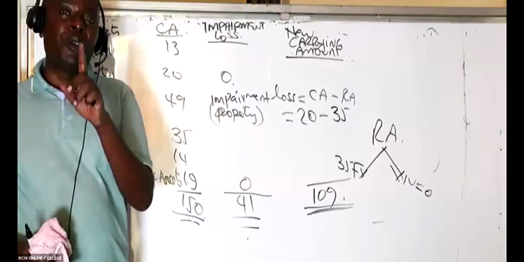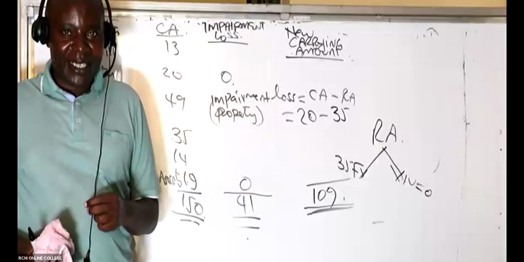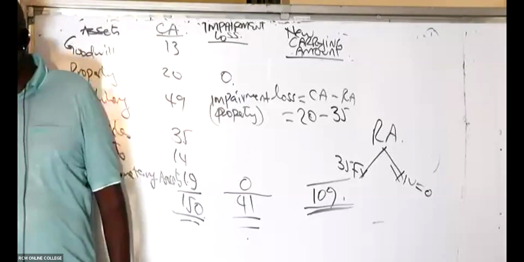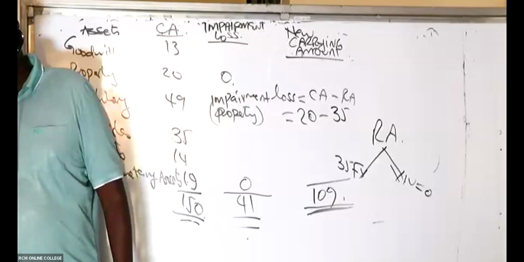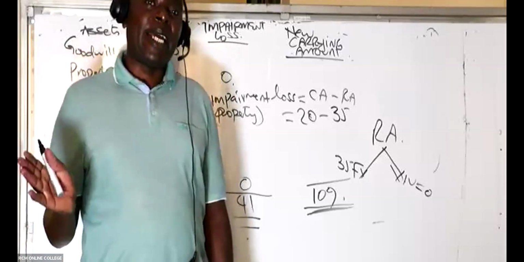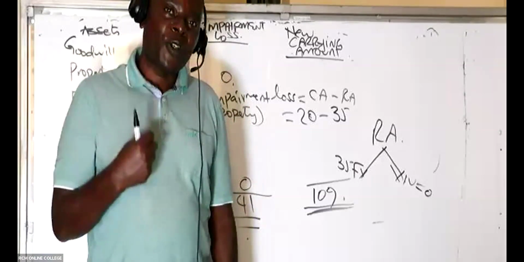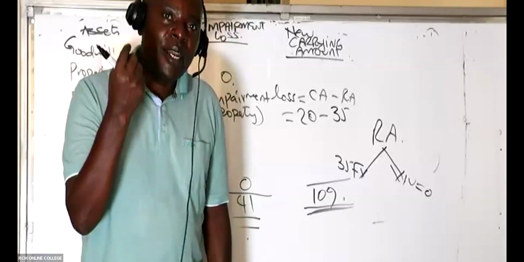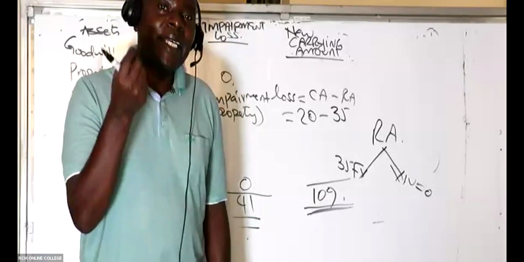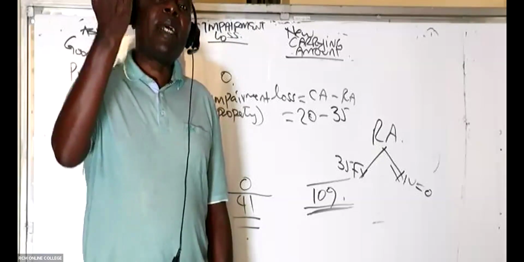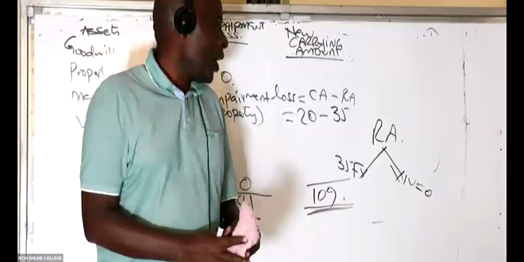So who will be able to give me the impairment loss for property? It can never be negative, isn't it? Remember, by definition, impairment loss happens whenever recoverable amount is lower than carrying amount.